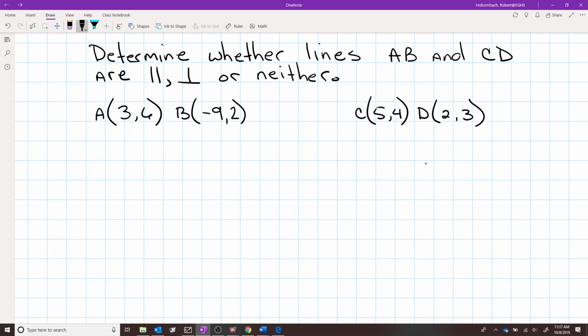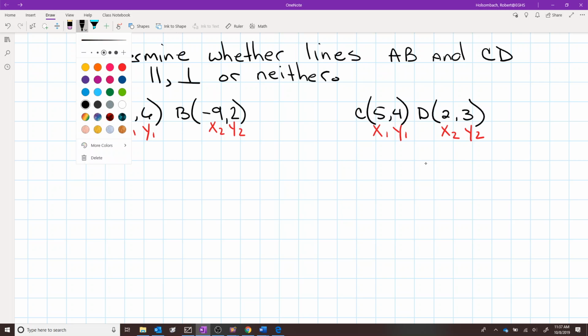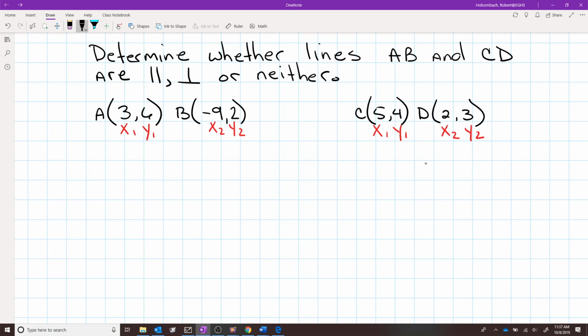So in order to make this determination, you have to find the slope of each line. And when you do that, please label the coordinates first. So here's your x1 and your y1, and your x2 and your y2 for line AB. For line CD, you've got an x1 and y1, and an x sub 2 and a y sub 2. So you guys remember from Algebra 1 the letter that is the symbol for slope?